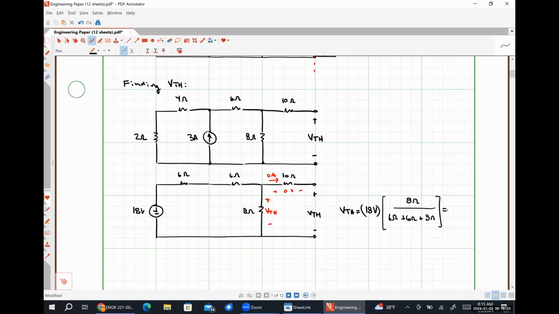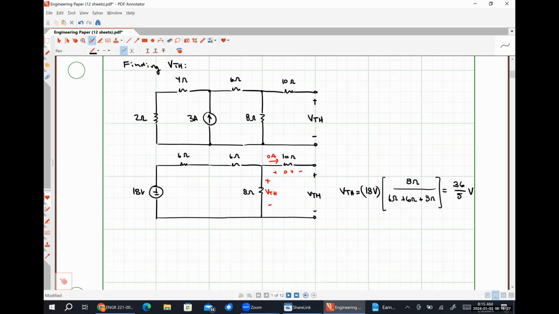So that's going to be 18 times 8 over 20, which is 36/5 of a volt. Now let's take Patrick's suggestion and use mesh analysis.